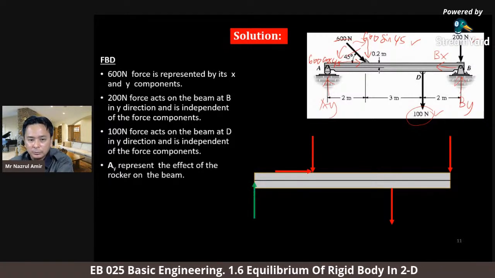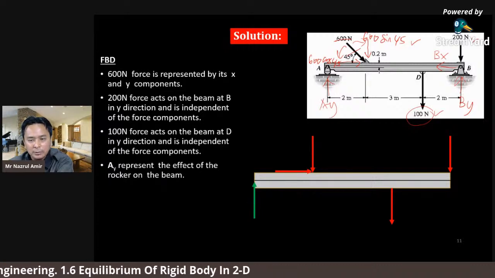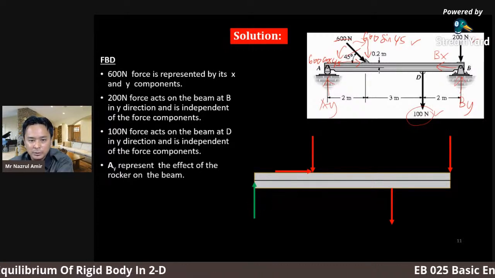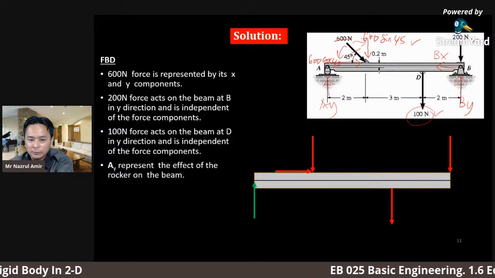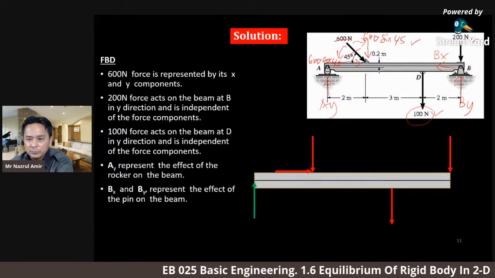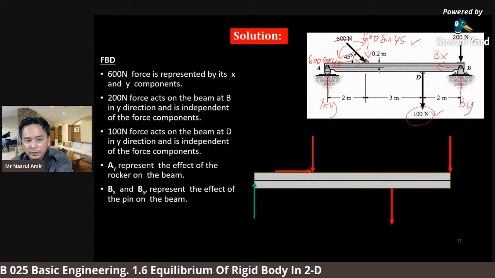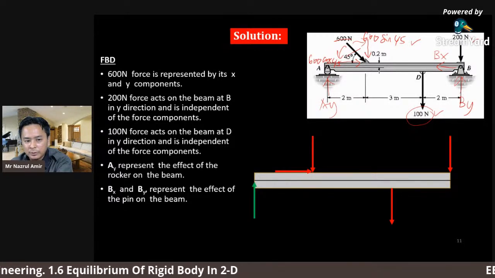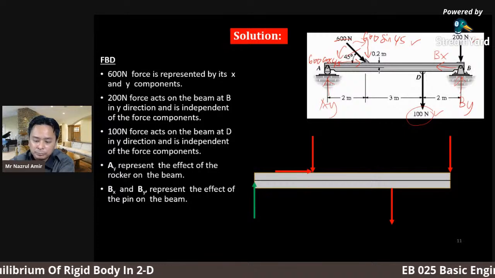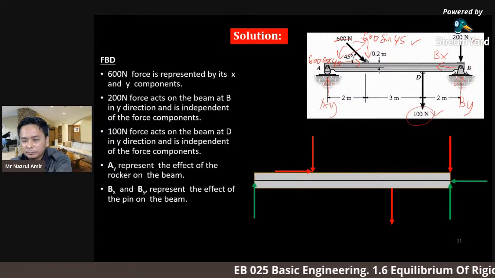Here is the green color. The green color force represents the reaction force. So here we have AY, the first reaction at point A. And then at point B, we have two reaction forces, BX and BY, that represent the effect of the pin on the beam.